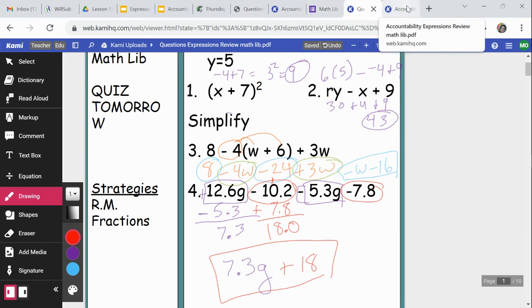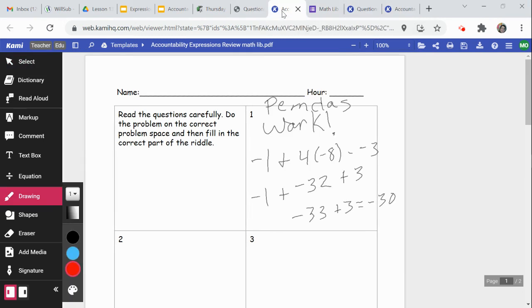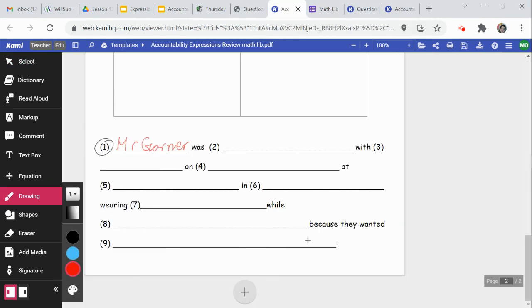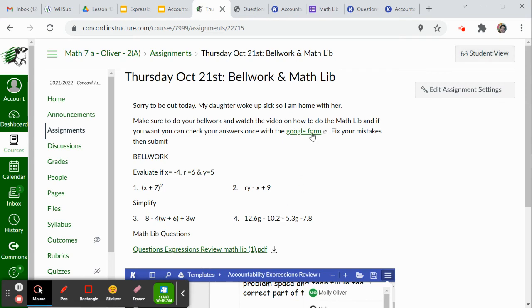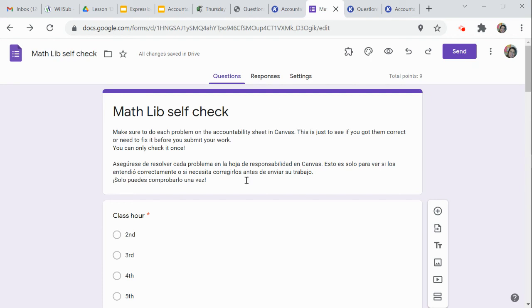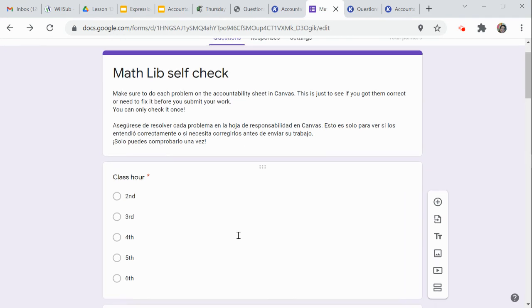Now, once you're done with your math lib and you've done your accountability sheet and you have this whole riddle filled out, I have a Google form right here that you can open and you can self-check your answers. All right.